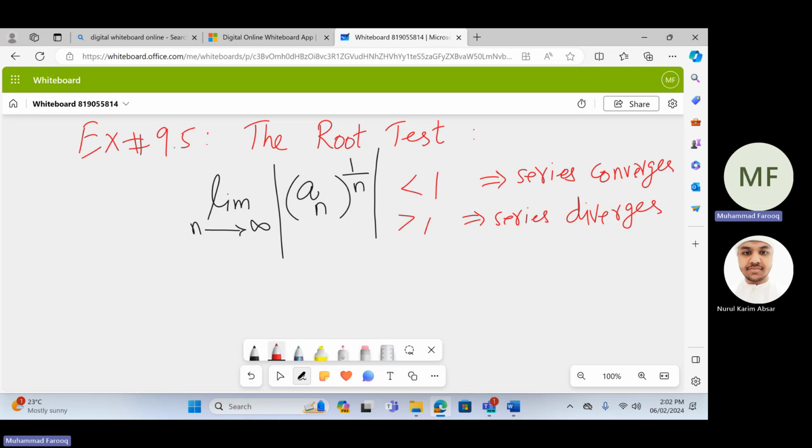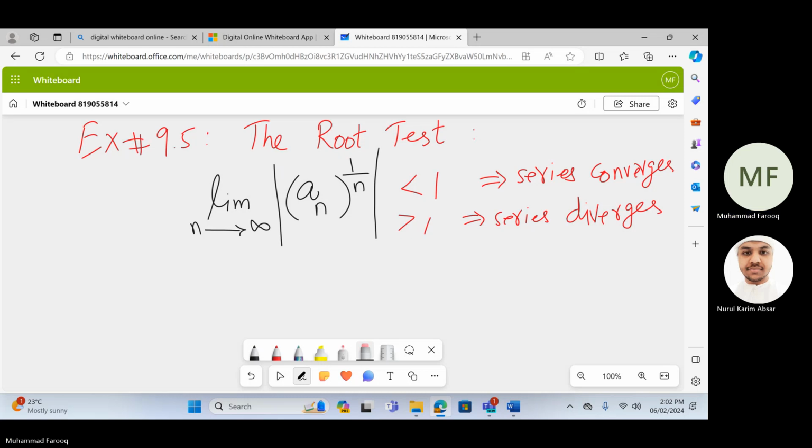We call it absolutely converges and absolutely diverges, because we have absolute values. And the same, if it equals 1, it is inconclusive. Equal to 1 doesn't work anymore, so change the method. Equal to 1 means we don't know whether the series converges or diverges. So this is basically the calculation.